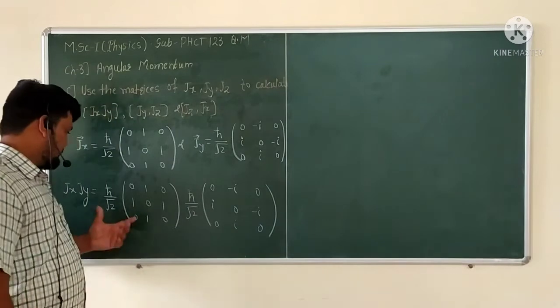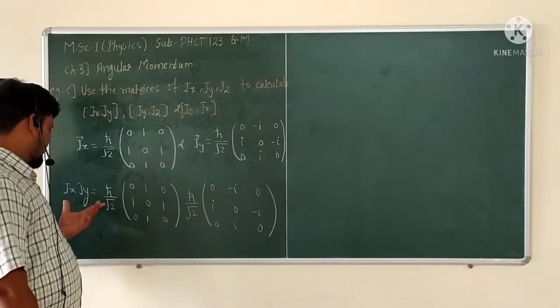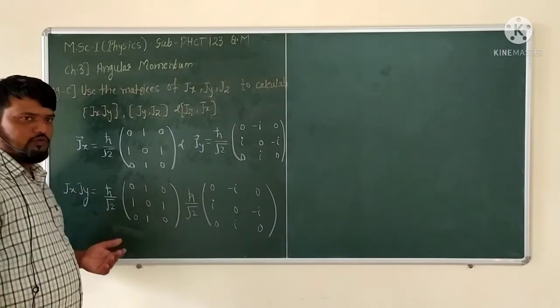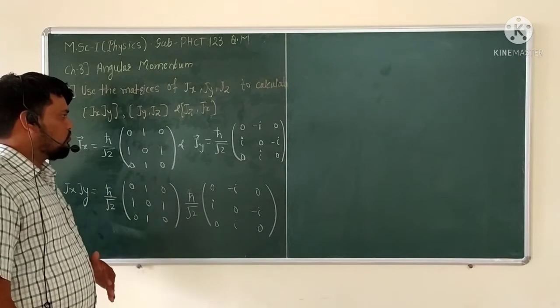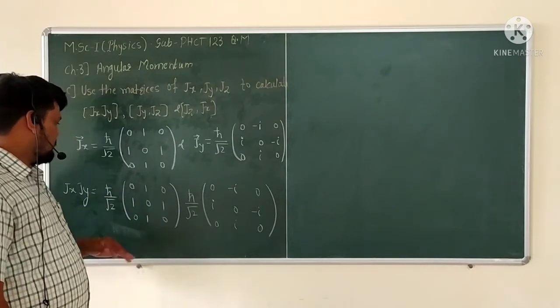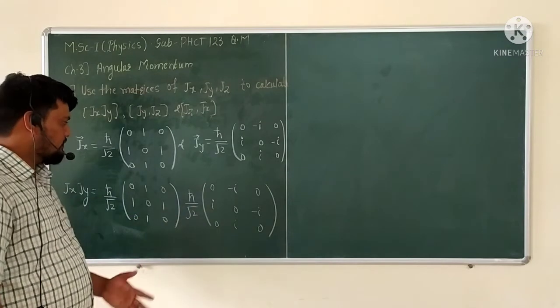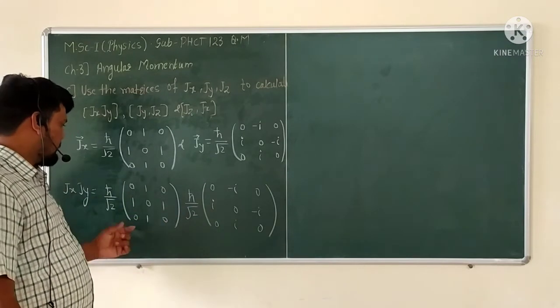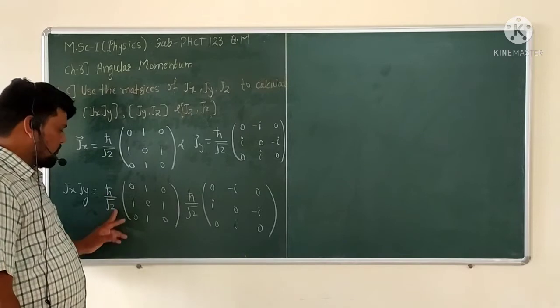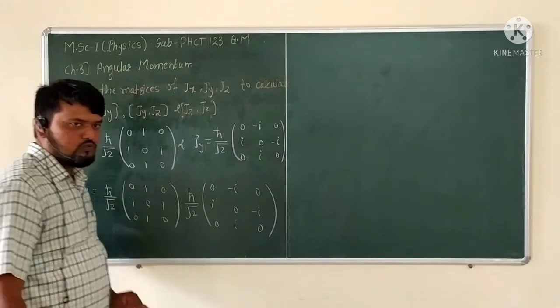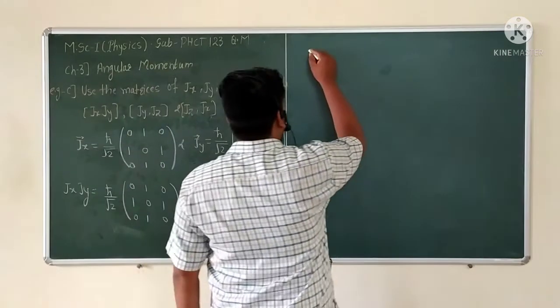In this lecture we want to calculate the multiplication of these two operators, Jx and Jy. The multiplication of these two brackets gives h cross by 2 times h cross by 2, which is h cross square by 2.